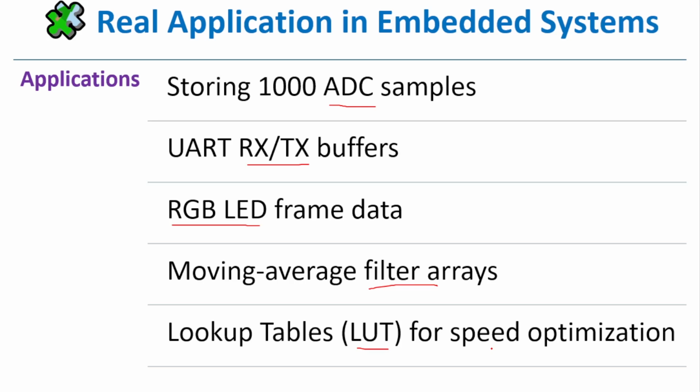These examples show how arrays form the backbone of many fast and reliable embedded system operations in C.